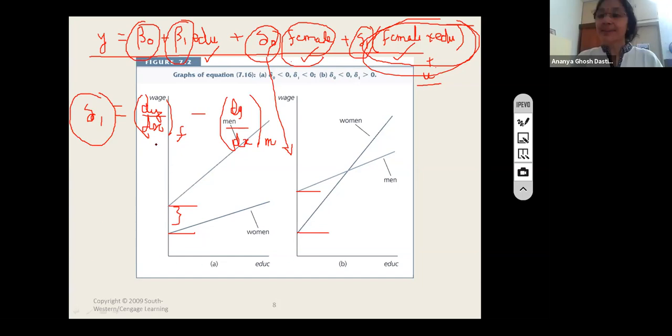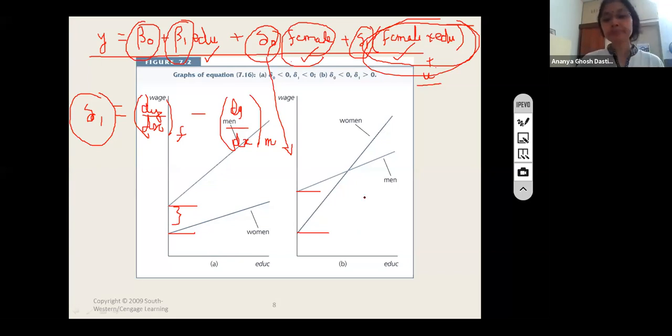The difference between which slope and which slope? Dummy slope minus base slope. Here my dummy is female, 1 if female, 0 otherwise. Dummy group is female, base group is male. So delta 1 is giving me the difference between the female slope and the male slope.